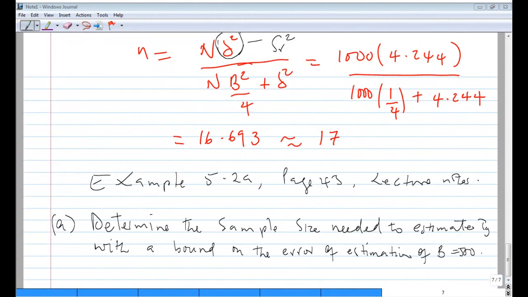Okay, so now let's go back and check the given information.